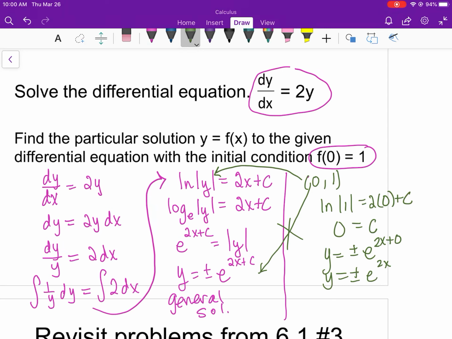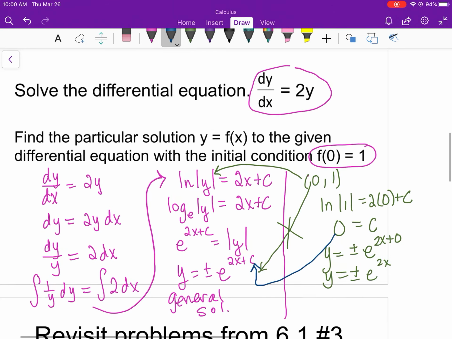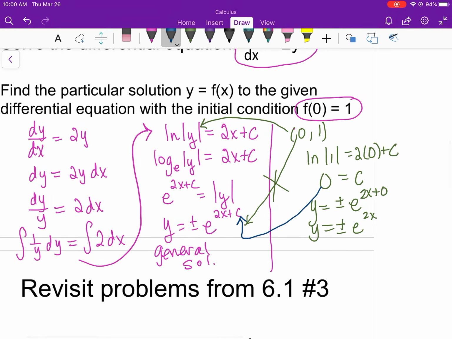Once I find c, I'm going to take that c and plug it in there. That's what I've done. And then you have to figure out which of the equations is going to be the one that models your curve. It's not going to be plus or minus e to the 2x. It's only going to be one of them.